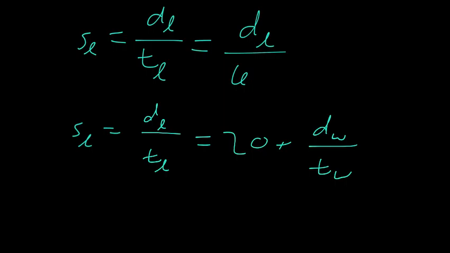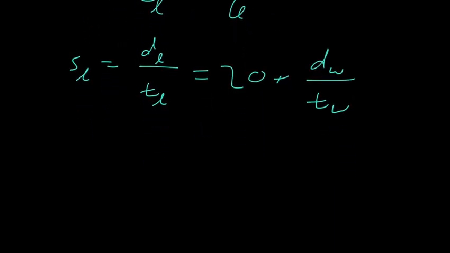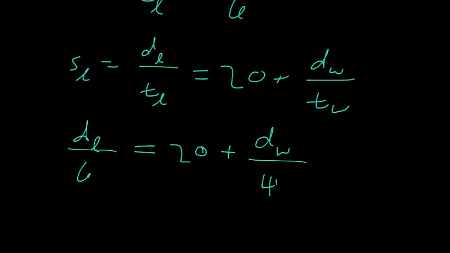We're told that the speed is 20 miles per hour faster on the level road than on the winding road, which is just what these subscripts mean. So 20 miles per hour faster than the speed on the winding road, which is the distance traveled on the winding road divided by the time spent on it. Let's plug in what we know: d sub L over 6 hours is equal to 20 miles per hour plus d sub W over 4 hours.